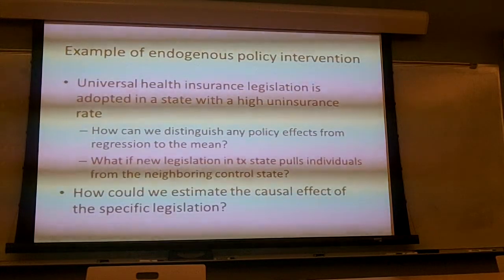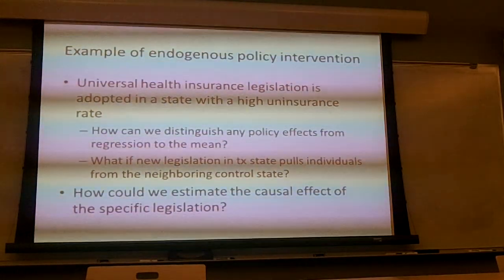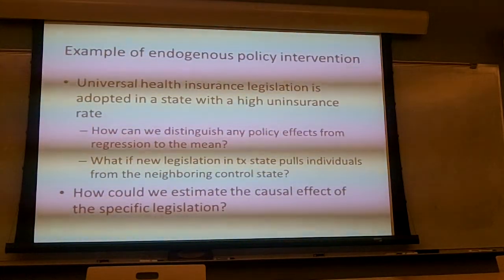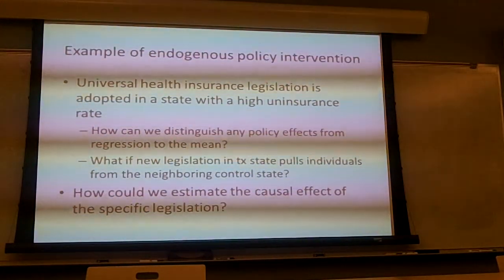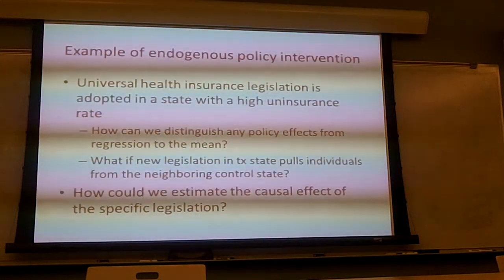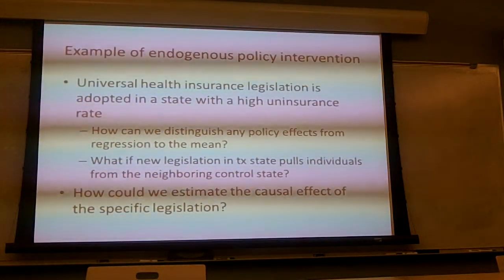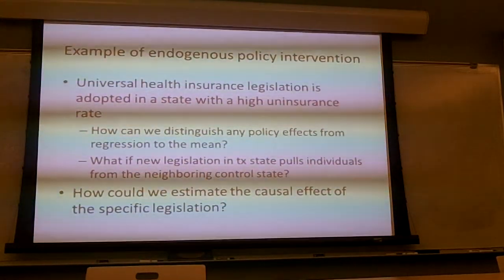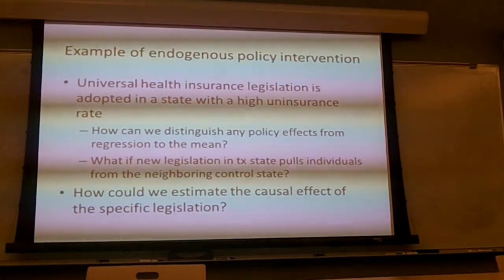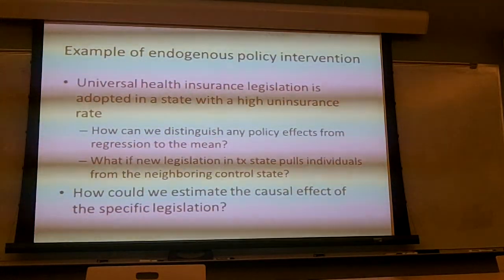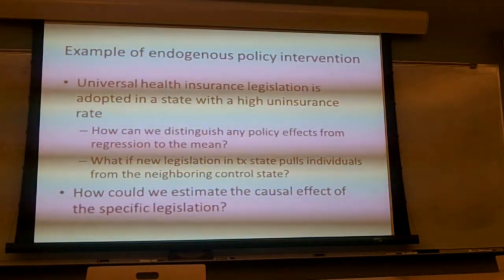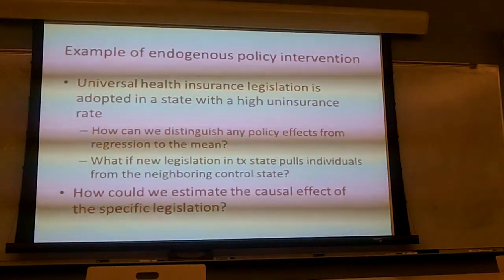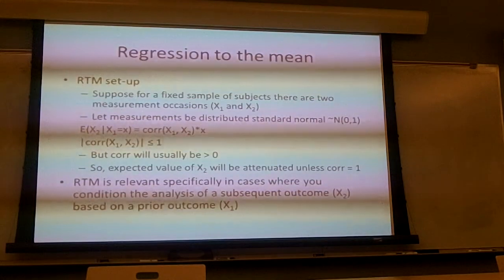But they might do it, and you'd be conflating your estimate of the impact of the policy with the migration, unless you're somehow controlling for it. How could you control for it? Maybe think about something like intent to treat, where if you're able to get information on where they're originally from, you could possibly do the intent to treat type of analog to RCT. But these are genuinely potential threats to causal inference in diff in diff.